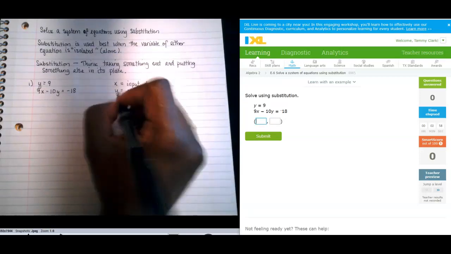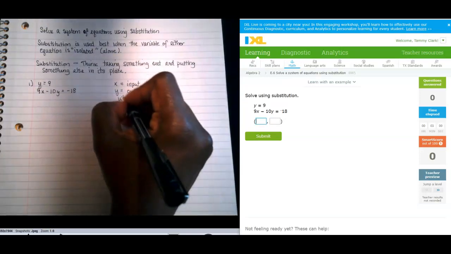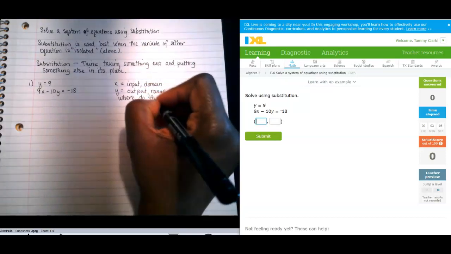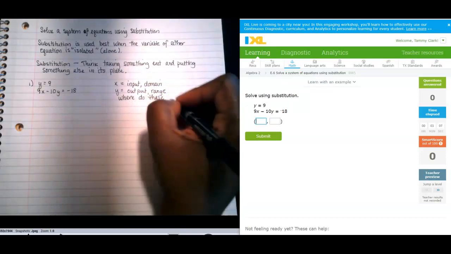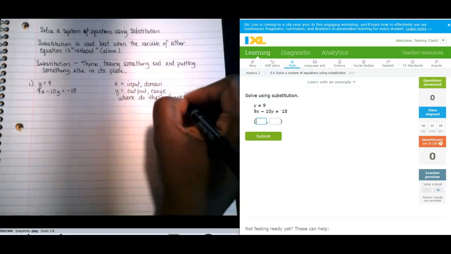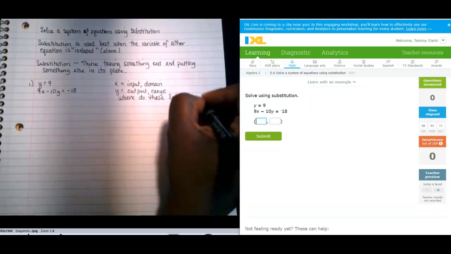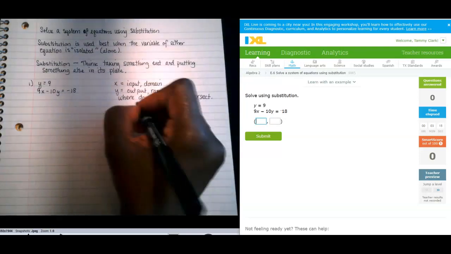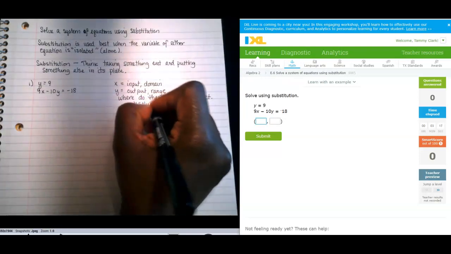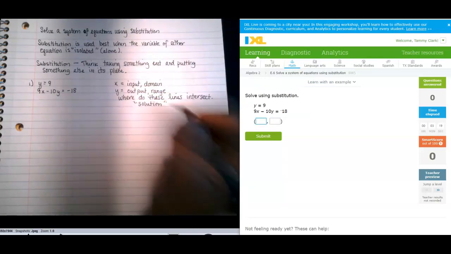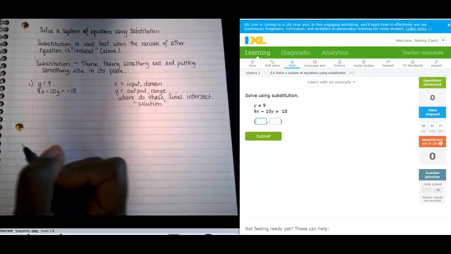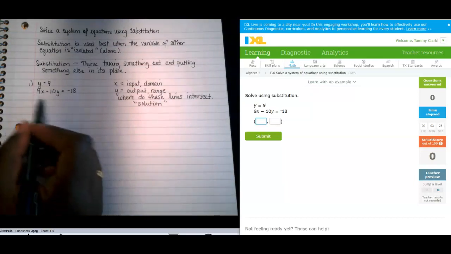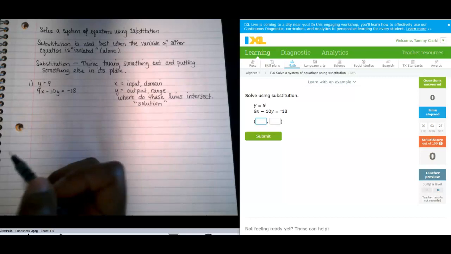And what we're trying to find is where do these lines intersect? Because remember, where they intersect, that's the solution to our system of equations. So this time we're just finding the solution in a different way other than graphing. We are going to actually solve an equation.